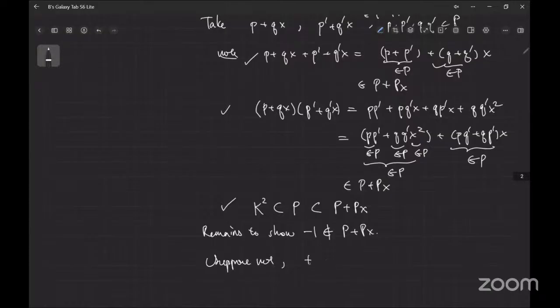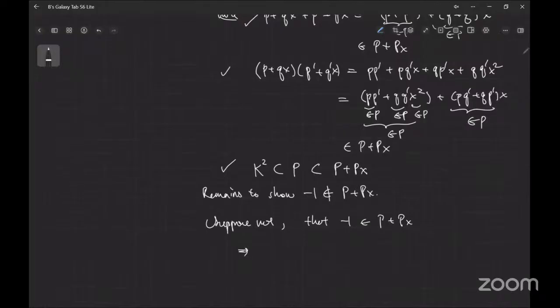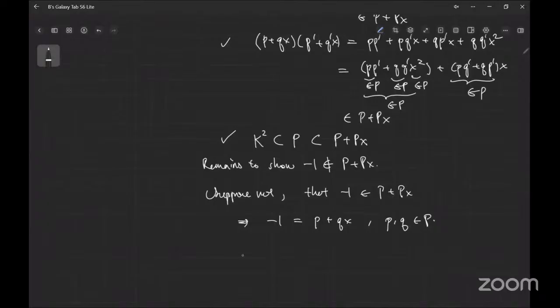Suppose not, then negative 1 is in P + PX. Well, what does that mean? That means negative 1 is equal to some P + QX, with P and Q in P, which means, if we move things around, negative QX is equal to 1 + P.